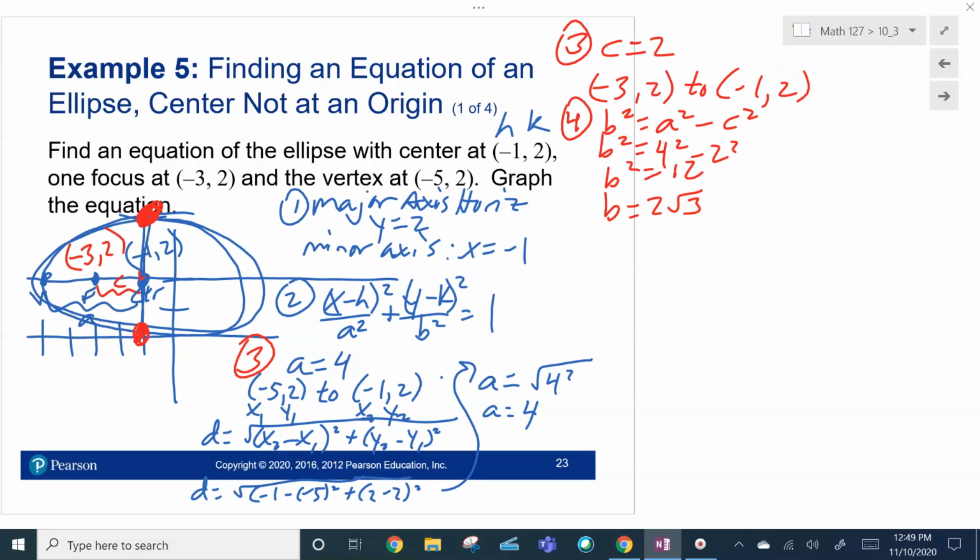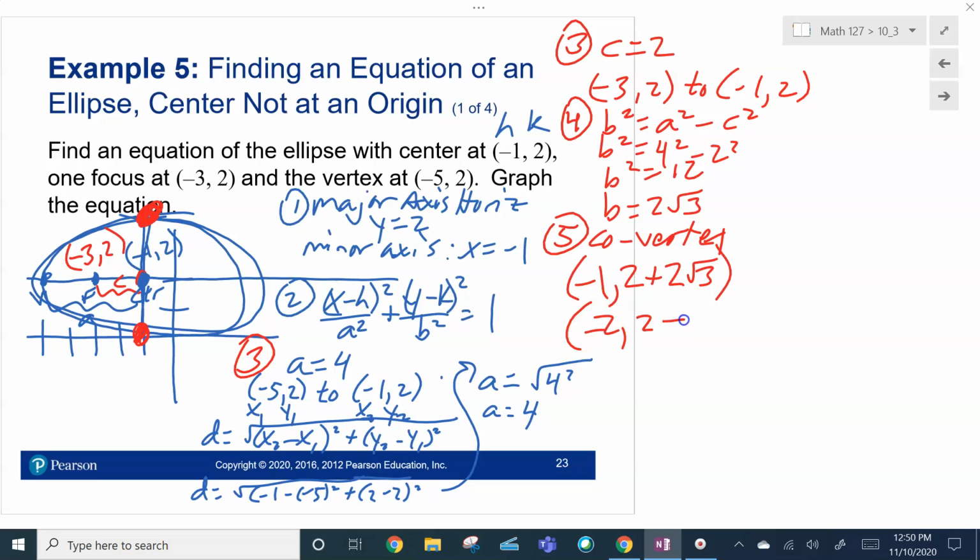Remember, the center's right here at (-1, 2). So where are these co-vertices? We're going off of the center, so the x value is -1, and it's already at a y value of 2. It's up 2 root 3, about 3.5, from there, and then down 3.5 from there.